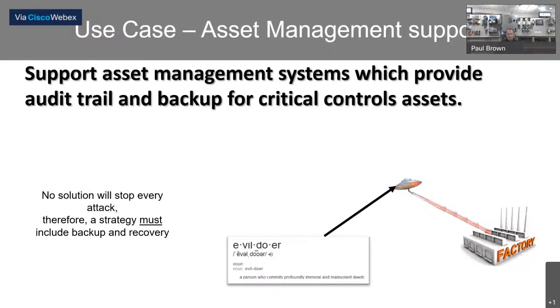So every system that you have, you need to have a backup and recovery strategy in place, whether it's protecting you from, in this case, the evildoer looking to do harm, or just a simple power spike that took out a piece of equipment. You are protected with the backups that you have in place and your recovery plan. That is a key part of any control network that should be accounted for.